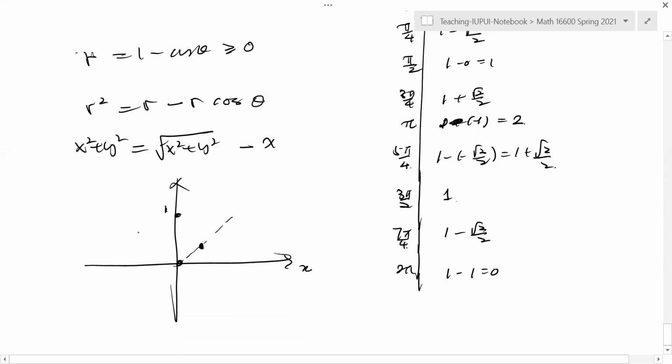Now when theta is 3 pi over 4, that's what we get here. This r is going to be 1 plus square root 2 over 2. When theta equals pi, r is 2, so it's 2 here. And you come back and you find out it's symmetric. So you do need a little bit of imagination to draw them. Actually, you get a heart.